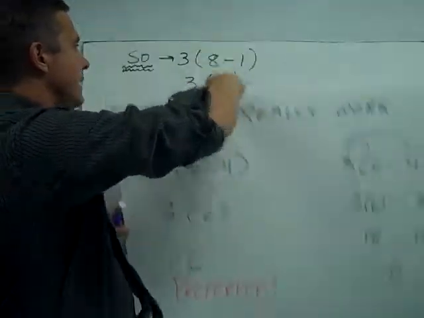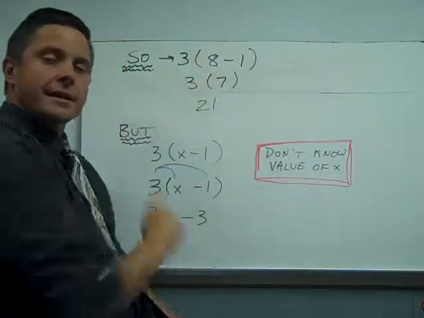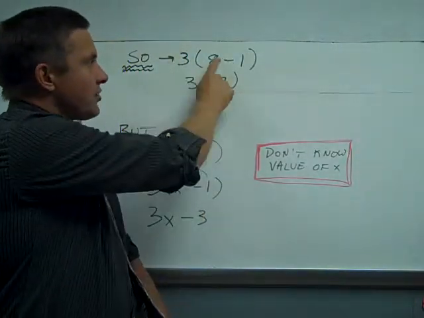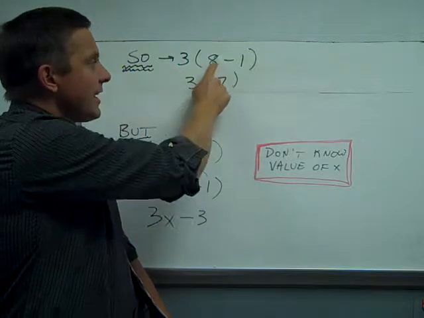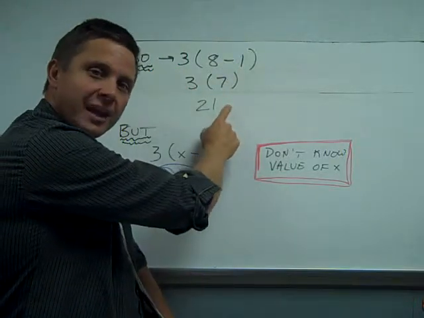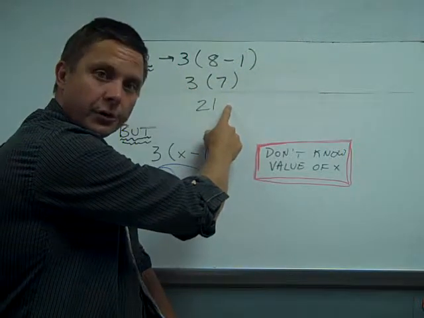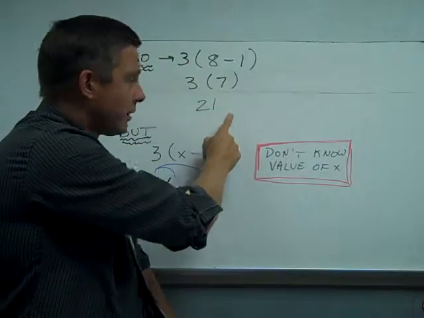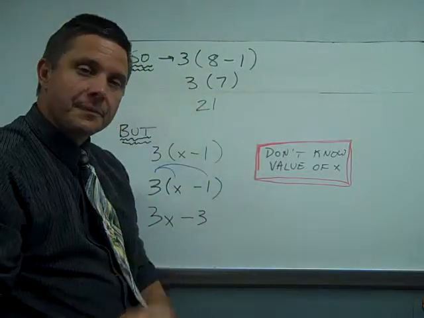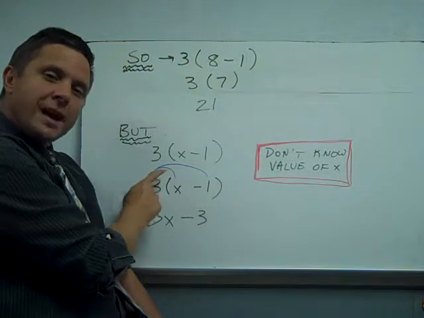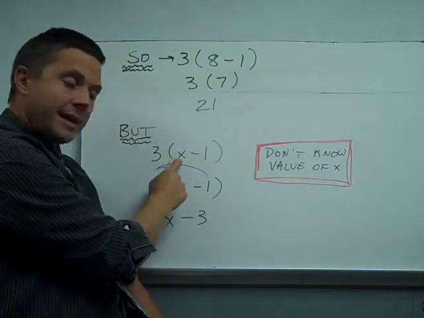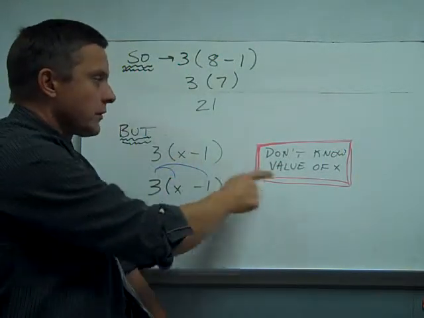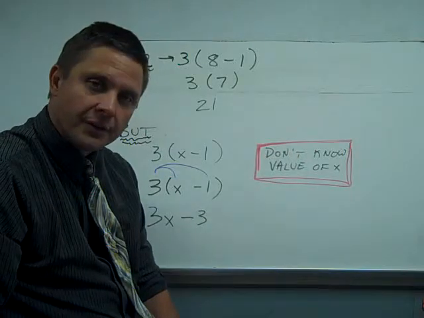So when I see a problem like this, I don't want you to distribute the 3. I want you to say 8 minus 1 is 7, because it's an equivalent term, one of our rules of algebra. And 3 times 7 is 21. But what if you have 3 times the quantity x minus 1? Now it's one term, and we don't know the value of x.